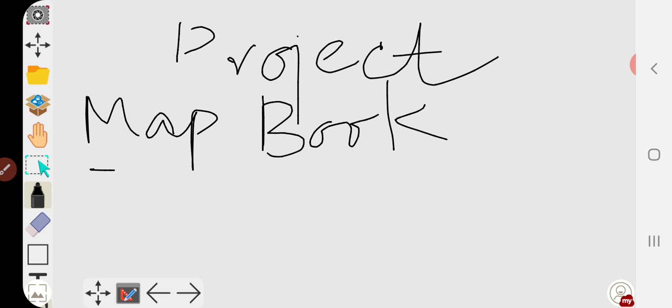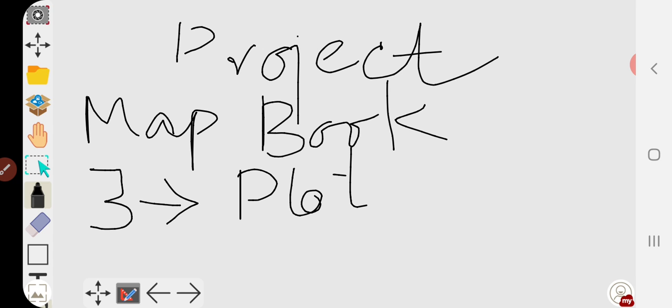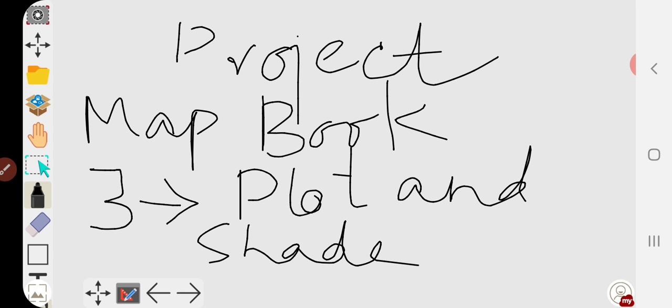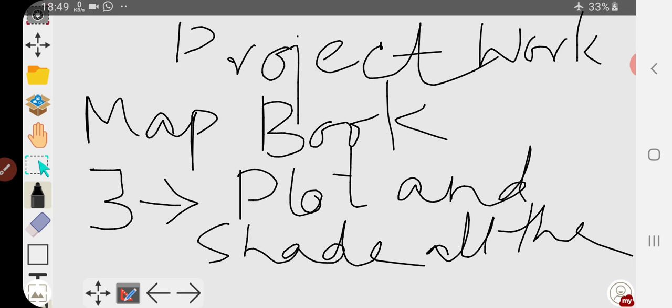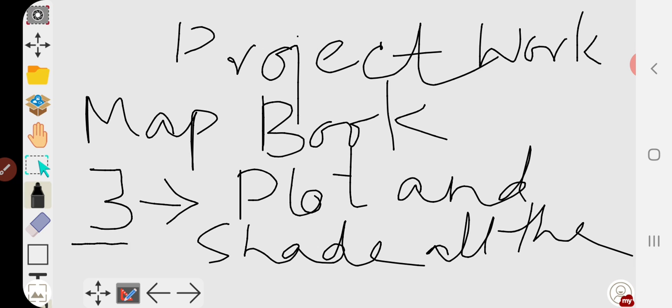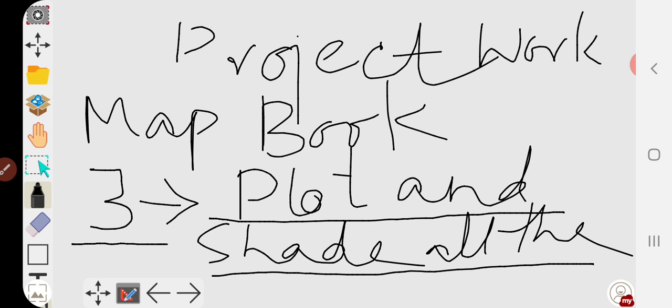Now for all the 3 chapters in the map book, plot and shade out all the features that are given. This will be your project work for this short summer season. Please do the plotting of all the features and shade them properly in the color that is mentioned in the map book provided to you by the school.